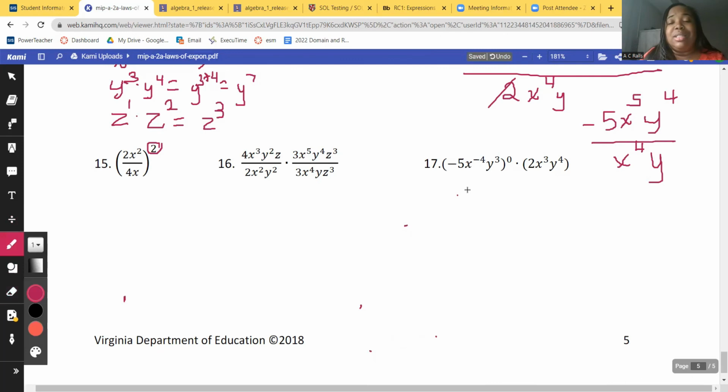So what that means is all that is just a 1. 1 times 2x to the 3rd power, y to the 4th. Your final answer is just going to be 2x to the 3rd power, y to the 4th. Now that is my spiel on exponents. I hope that you have gotten some understanding and that you'll be able to do the practice.